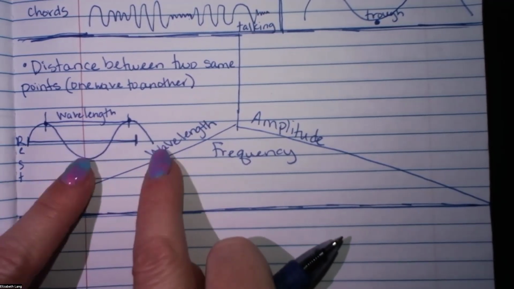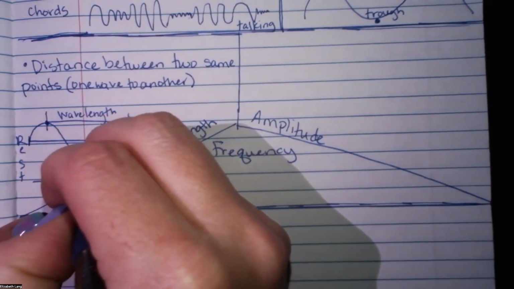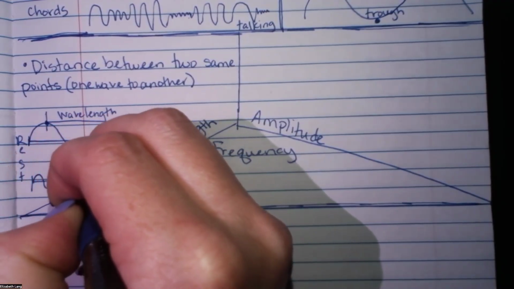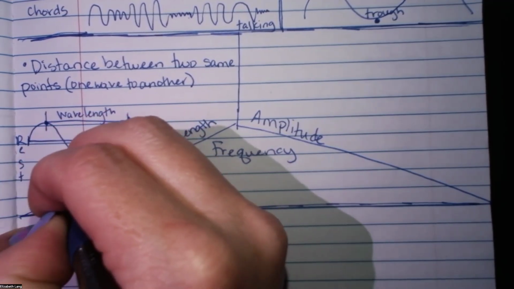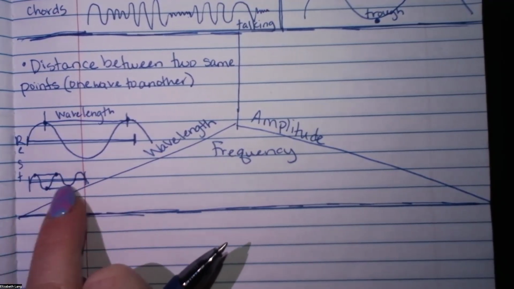You could also do trough to trough if we had done two troughs. Let's do that real quick, like right here. And we'll make it a little tinier so we could practice. So this is a wavelength. This is a wavelength. Okay, length and length. From crest to crest or trough to trough.